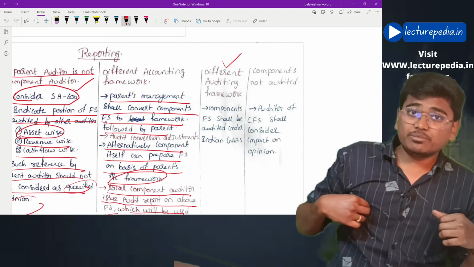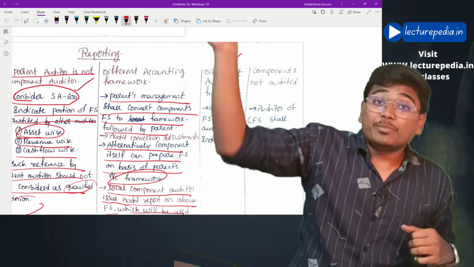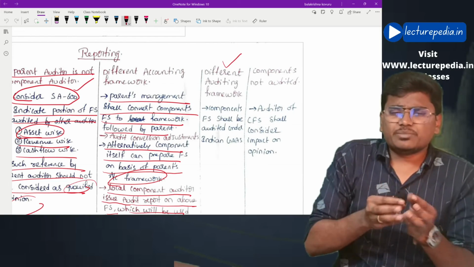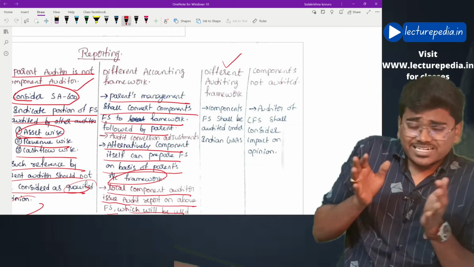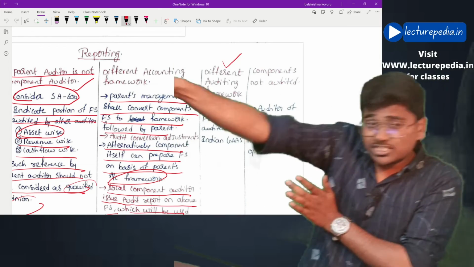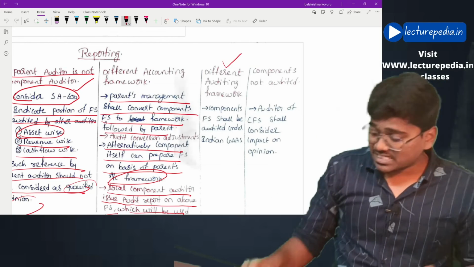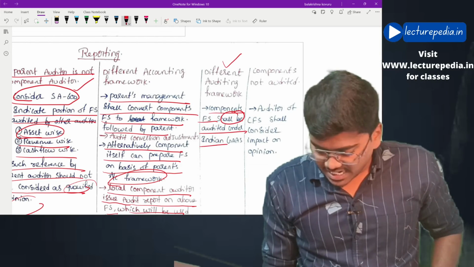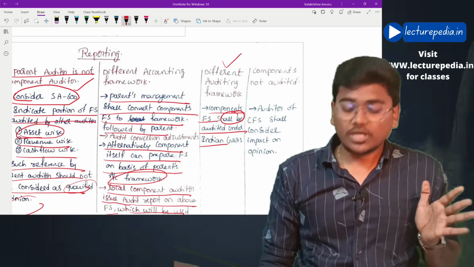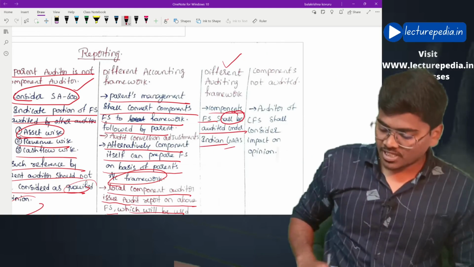If he has to rely, the component auditor has to audit that particular component based on Indian GAAS, that means generally accepted auditing standards, but he is using some other auditing framework that is not acceptable. The component's financial statements shall be audited under Indian GAAS only. GAAS means generally accepted auditing standards.